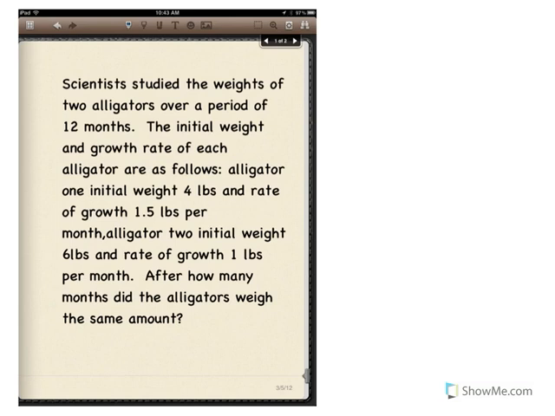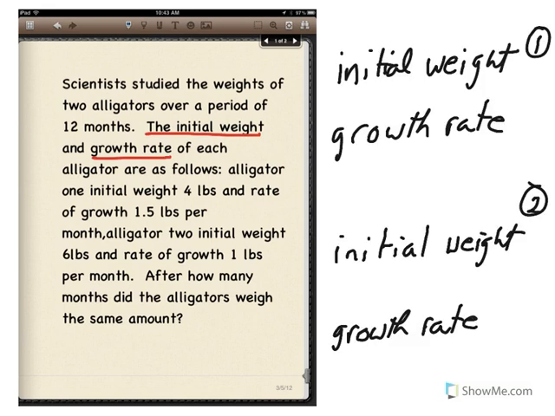Okay, so now that we know that the weight is W and the time, the months, is T, we need to identify what things in the problem are also given to us. What other pieces of information? Well, we can see that there's initial weight and growth rate for each of the alligators. So for the first alligator, alligator 1, we see that the initial weight is 4 pounds. And we see that the growth rate is 1.5 pounds per year.